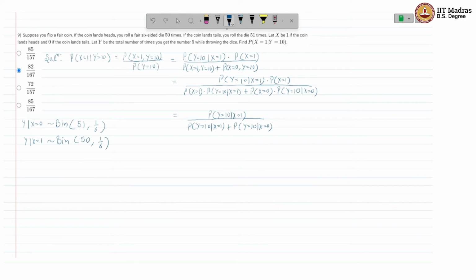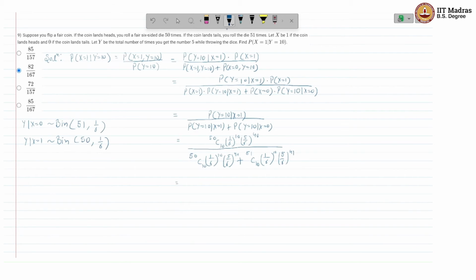So now simply using the distribution, the conditional probability Y is equal to 10 given X is equal to 1 will be 50C10 into 1 by 6 raised to the power 10, 5 by 6 raised to the power 40, divided by 50C10 into 1 by 6 raised to the power 10, 5 by 6 raised to the power 40, plus 51C10 into 1 by 6 raised to the power 10, 5 by 6 raised to the power 41.